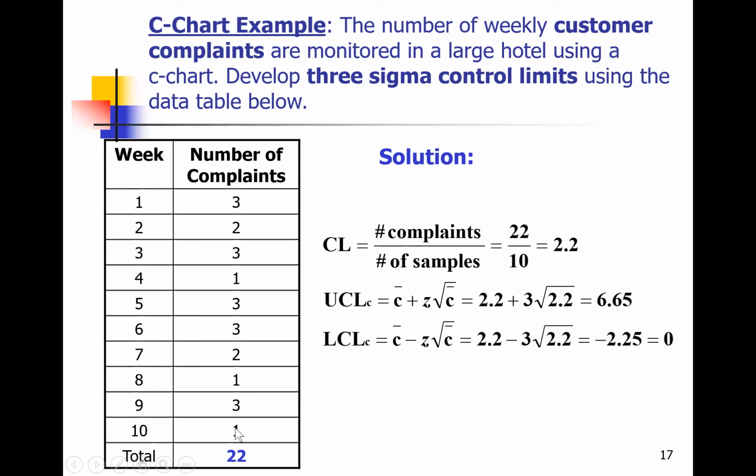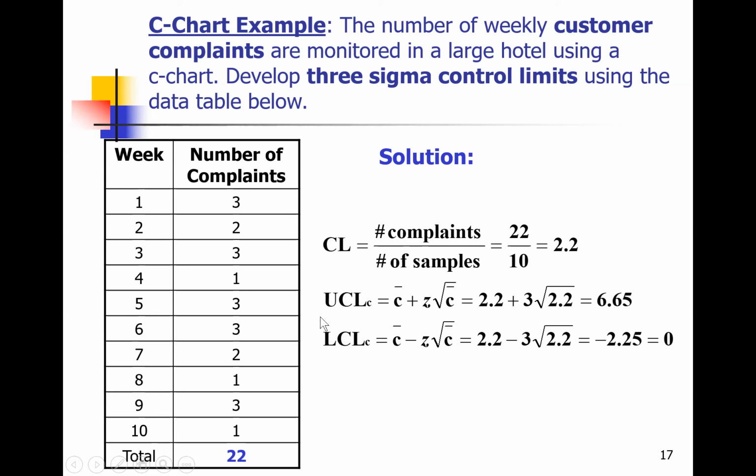So these are the complaints you have received over time. The central line means the total complaints divided by the total number of samples, here the weeks. Total complaints divided by total weeks gives the average complaints per week.